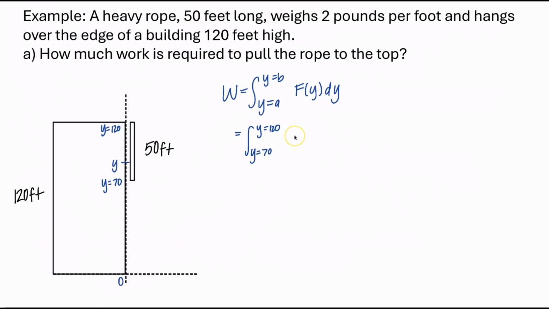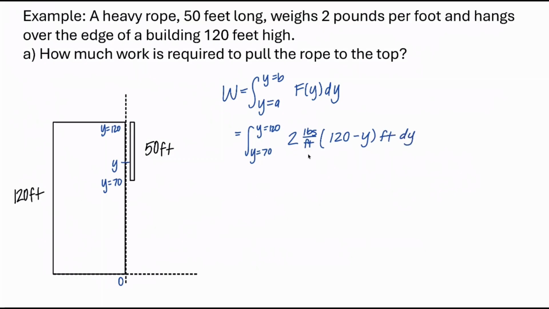And so here, our force function, or our weight at any given y value, is going to be 2 pounds per foot times however much is still hanging at this y value. However much is hanging is going to be 120 minus y. So here, I'm going to have the expression 120 minus y feet dy.